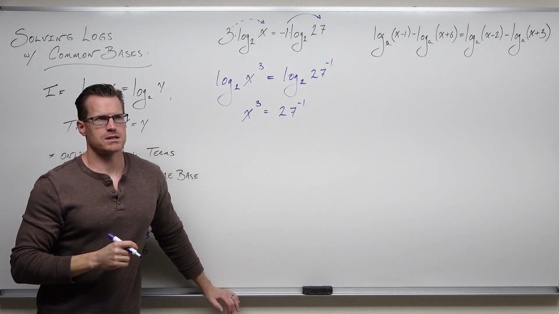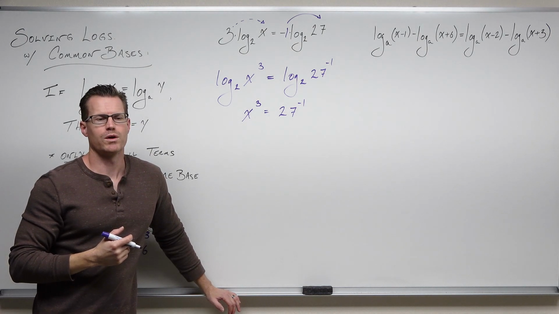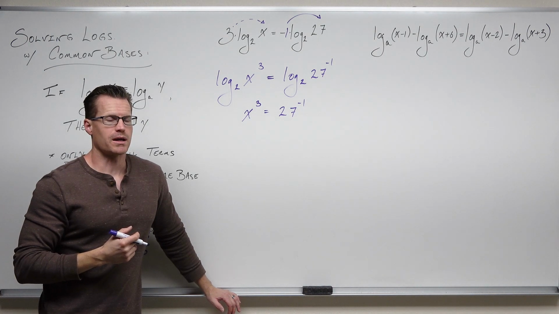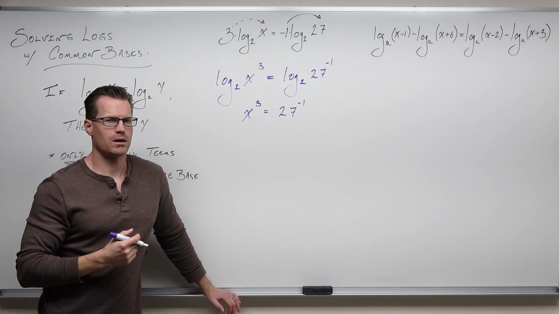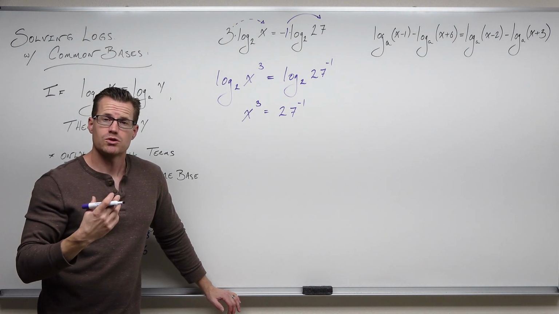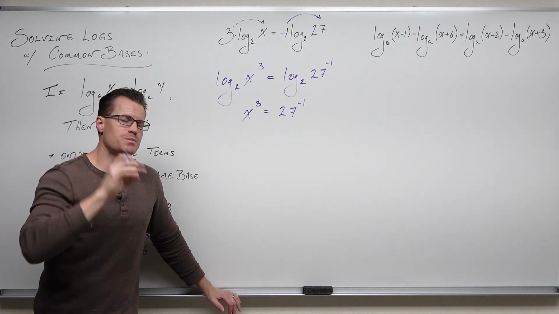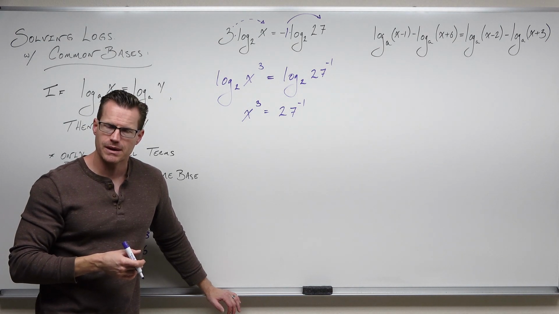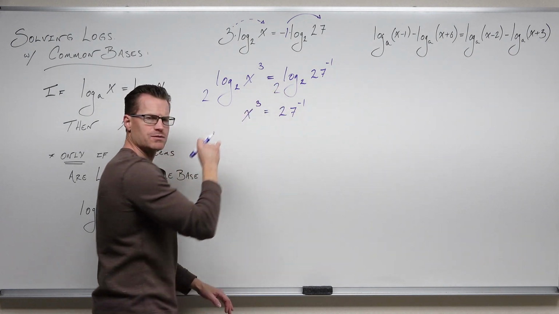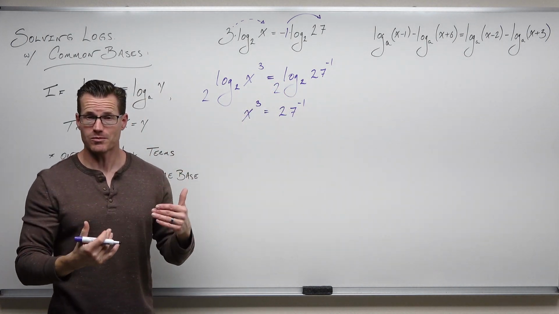Now, are there ways to do this with exponentials? And the answer is yes. If we were really smart about it, we could say, I can do anything I want to an equation pretty much, as long as I do it to both sides. Could you treat both of these as an exponent of some other base? Yes, we can. Now, if you pick that base of 2, why a base of 2? Well, the logarithm has a base of 2.